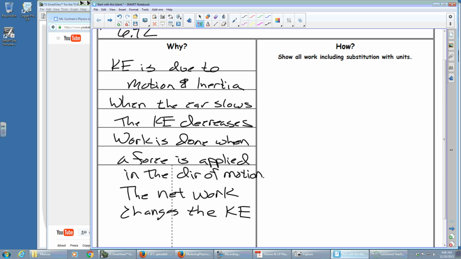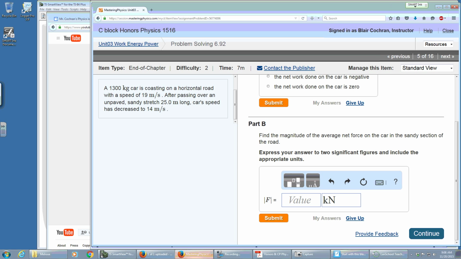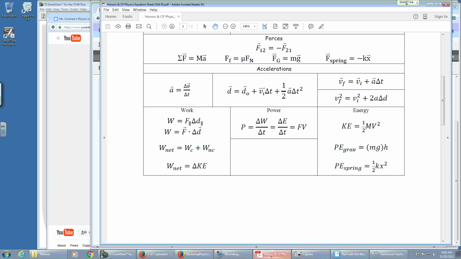Excellent. All right. So I'll let you answer A, because hopefully from that why you can figure it out. So B, what's the magnitude of the net force on the car in the sandy section of road? I'm going to look at my equation sheet, and I'm going to notice that net work equals the change in kinetic energy.